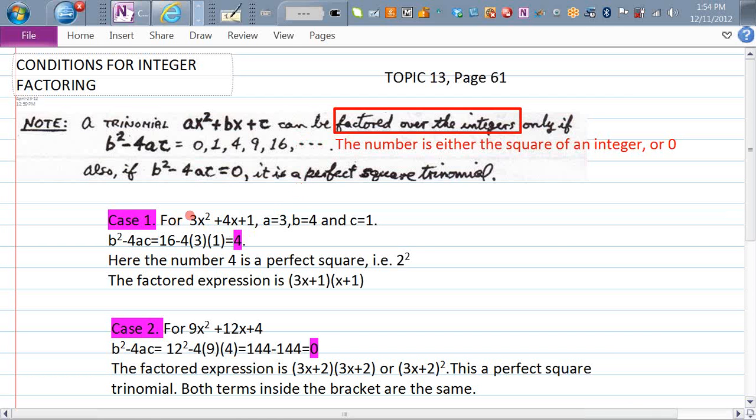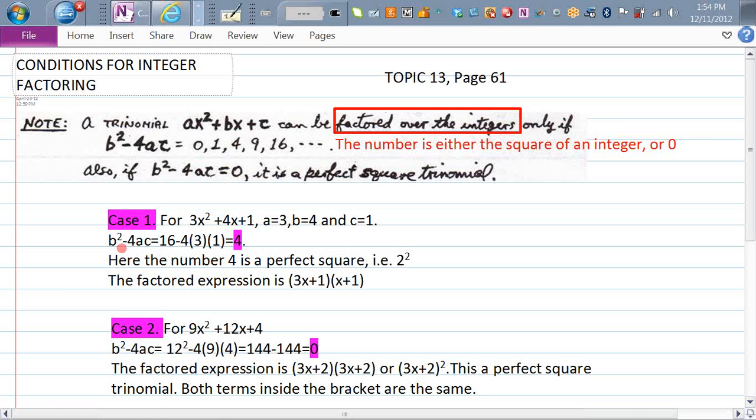Let's take some examples. Let's take this case here. A is the coefficient 3 right here. B is the coefficient in front of the x, and C is this number here.